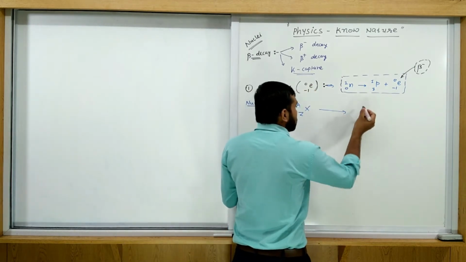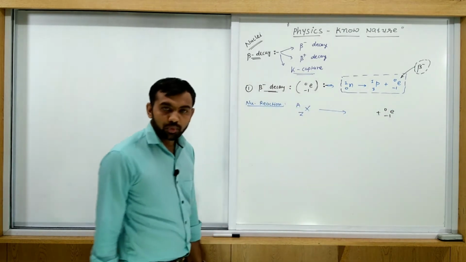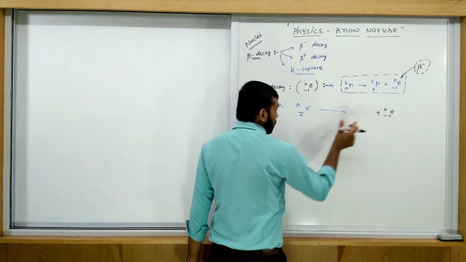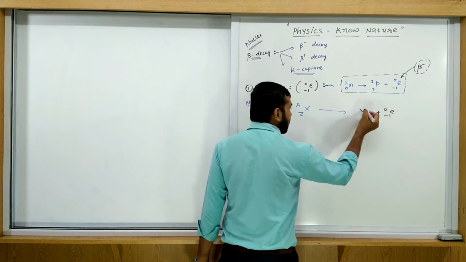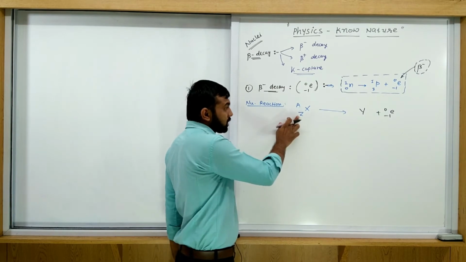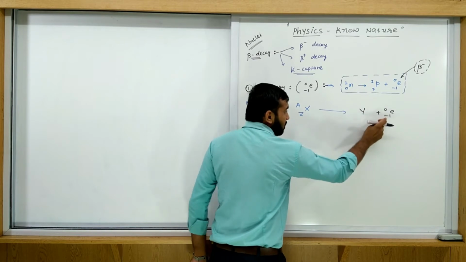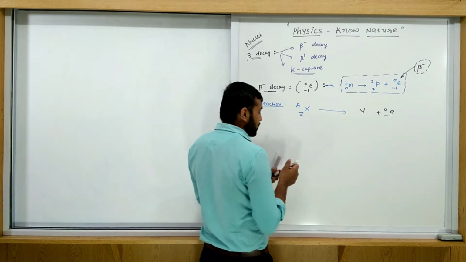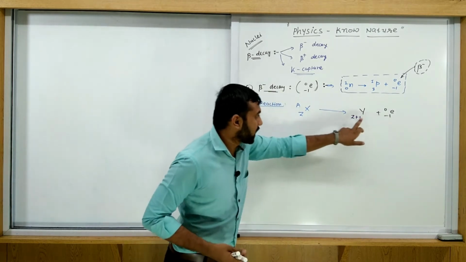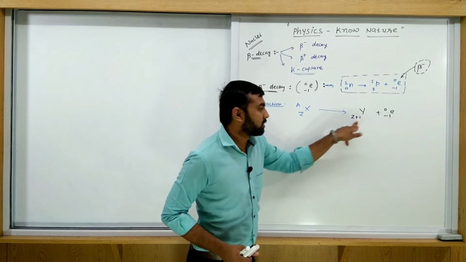So something is produced, plus -1e0. Here we balance this equation. X is converted into maybe Y. Total Z, here minus 1, so you must put here Z plus 1, because here is minus 1. So Z plus 1 minus 1, total is Z.